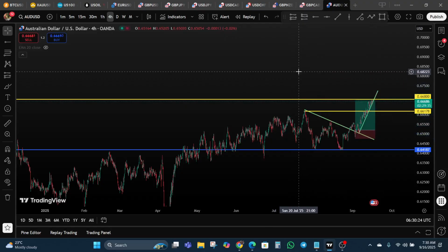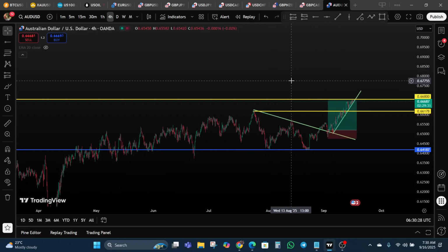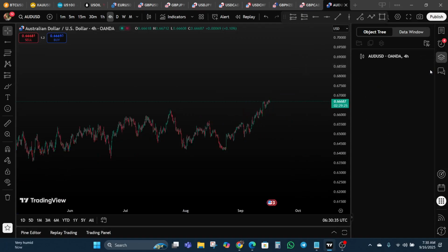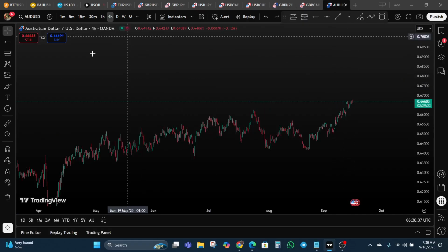Okay, next, let us talk about Fibonacci retracements. Now TradingView makes it easy to apply this tool to your charts.